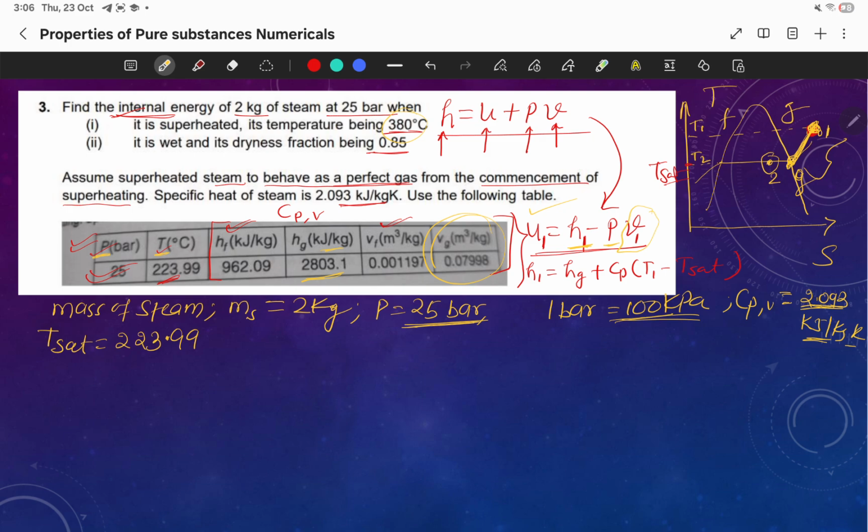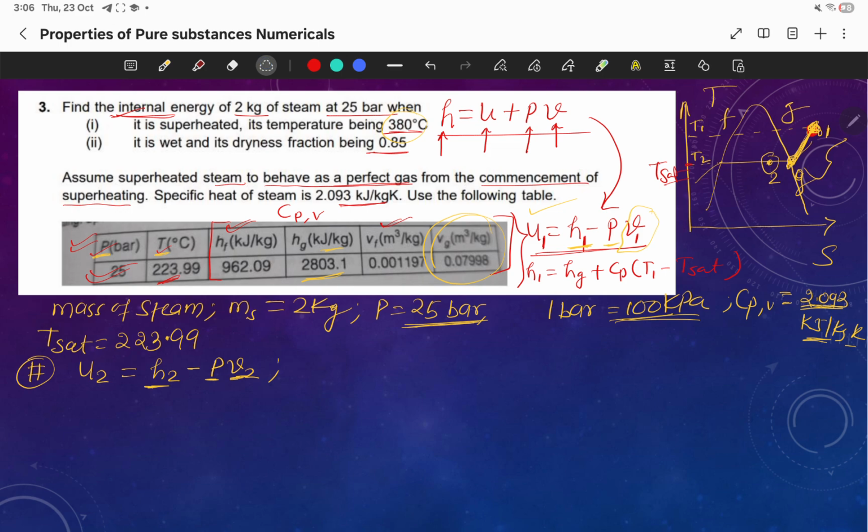Similar thing we have to do here. We have to find u2, so we have to find h2 minus p v2. Do we have the h2 value? We don't know the h2 value, and we don't know the v2 value either. Yes, the pressure value we know, right? Okay, how will we find h2? To find h2, I think the formula was for h2.